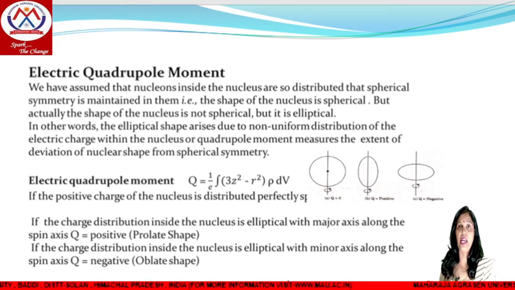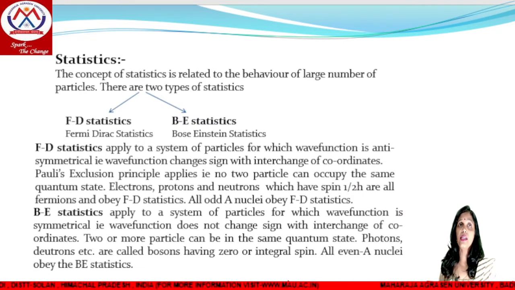The concept of statistics is also related to the behavior of large number of particles. There are two types of statistics: FD statistics, known as Fermi-Dirac statistics, and BE statistics, known as Bose-Einstein statistics. FD statistics apply to a system of particles for which wave function is antisymmetrical.